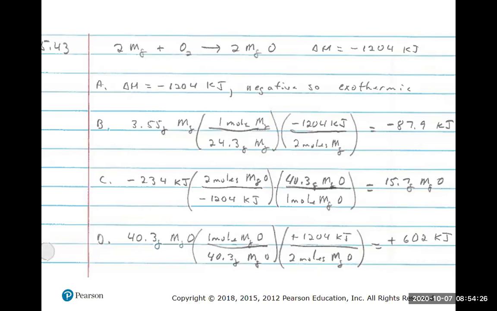What's the first thing you notice that's different about that statement versus the other ones? Now we've been looking at this reaction as a formation reaction of magnesium and oxygen forming magnesium oxide, right? Now we're talking about the reaction going the other way.